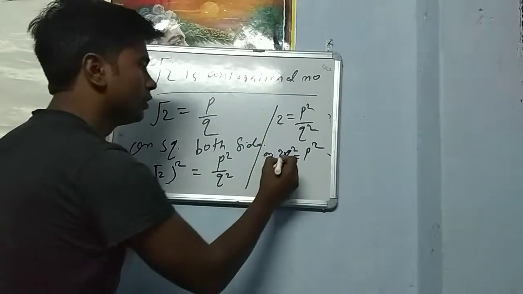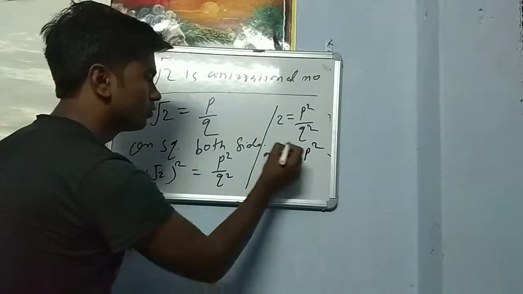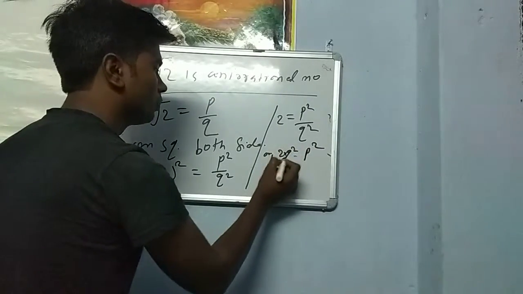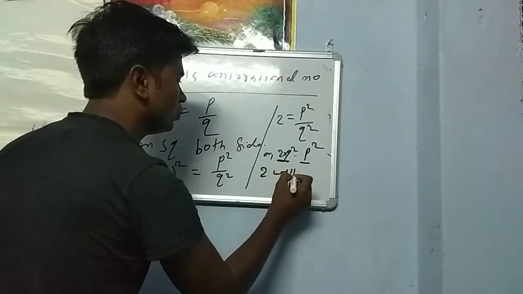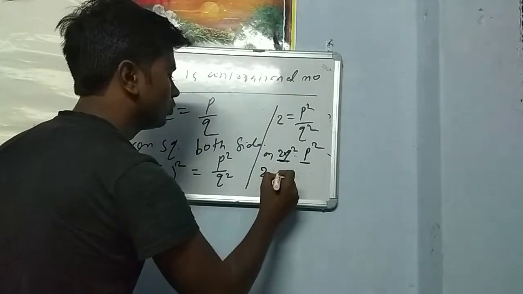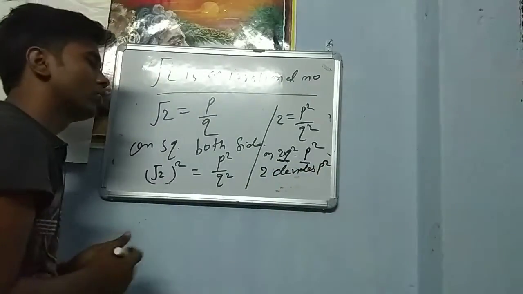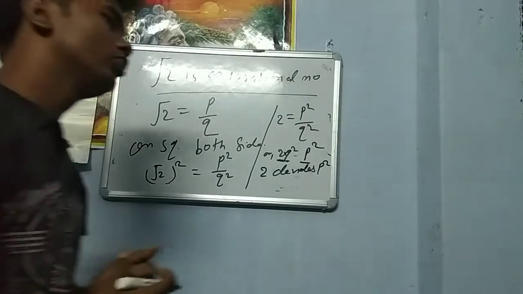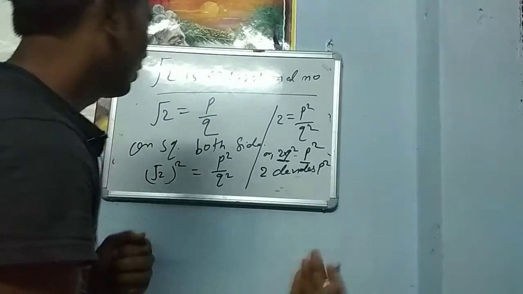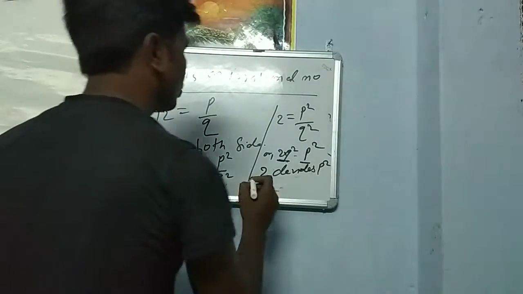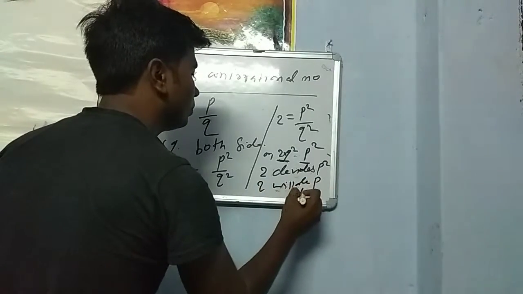It means that this whole product is p square. So 2 divides p square, because in previous classes I told you that when we multiply any number, the product will be divided by that number, which is called its factor.